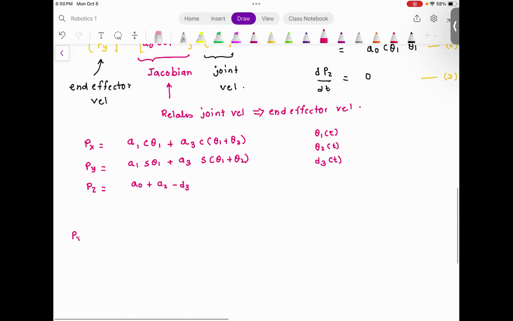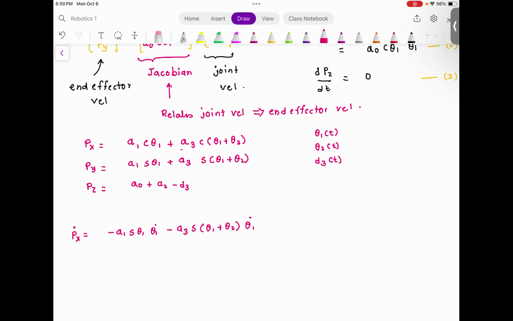Px dot. A1 cosine theta 1, can I write minus A1 sine theta 1 theta 1 dot. A3 cosine of theta 1 plus theta 2 will become first minus A3 sine of theta 1 plus theta 2 theta 1 dot.